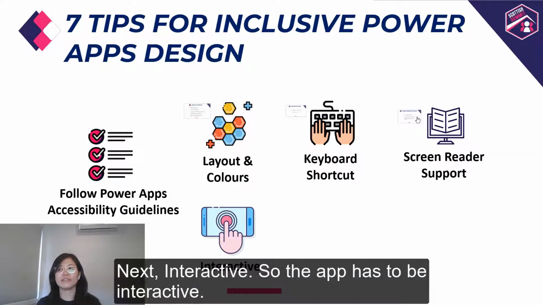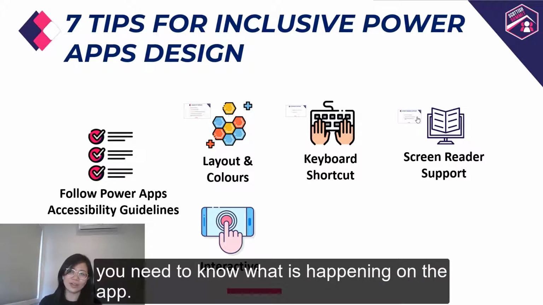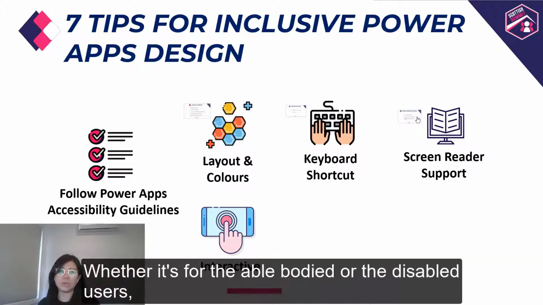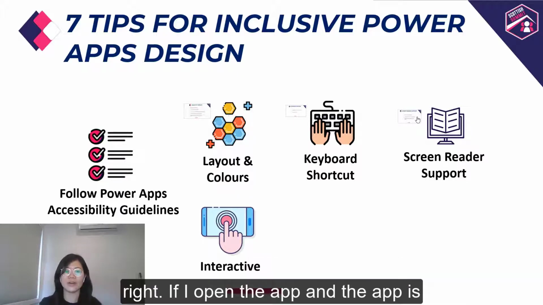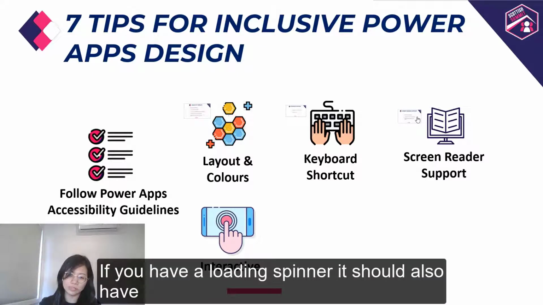Next, interactivity. The app has to be interactive. When you use the app, you need to know what is happening on the app. This is again a very important design element, whether it's for able-bodied or disabled users, right? If I open the app and the app is trying to load the data, it should have a loading spinner.